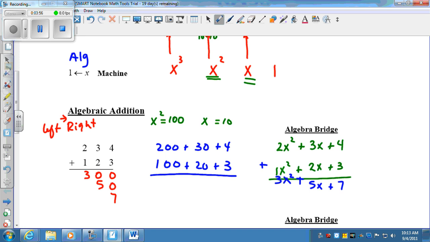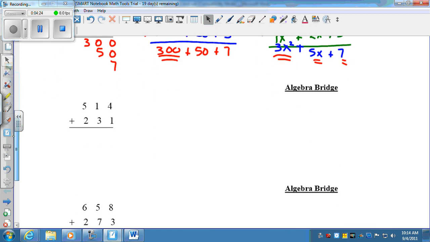So my answer is 3x squared plus 5x plus 7. How does that correspond to our base 10? Well, if I'm adding 200 plus 100, I get 300, i.e. 3x squared. When I add 30 plus 20, I get 50, 5x, and 4 plus 3 is 7. So it corresponds directly.